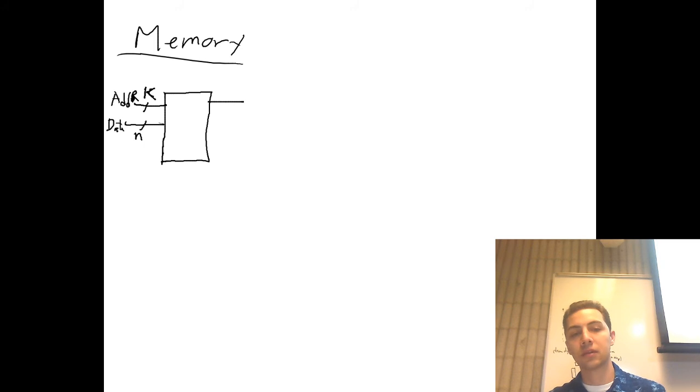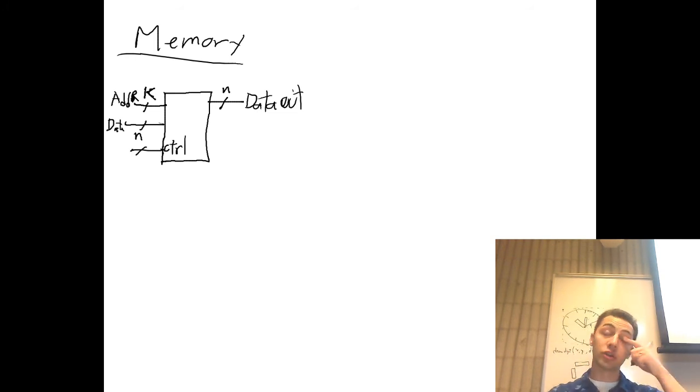And all the types of memory that we talked about, whether synchronous or asynchronous, had K address lines, N data input lines, N data output lines, and then some number of control signals. That's just the control interface that we care about.